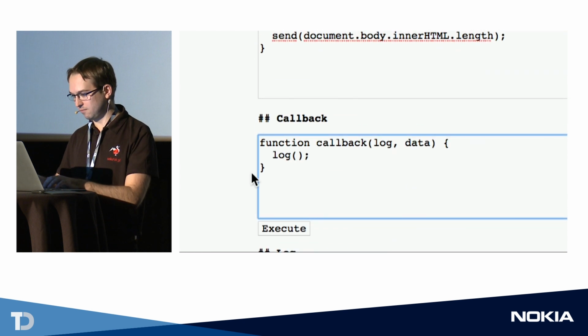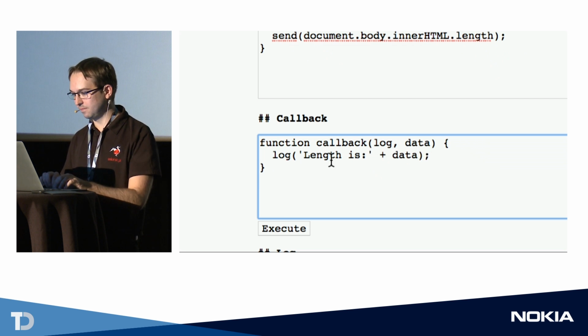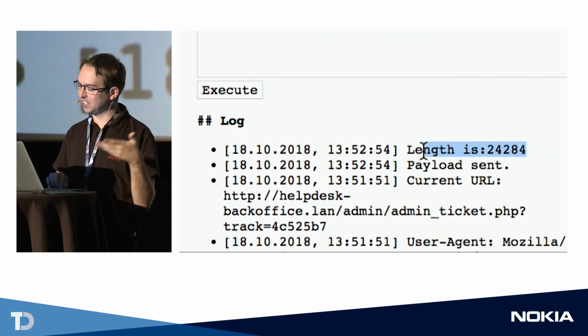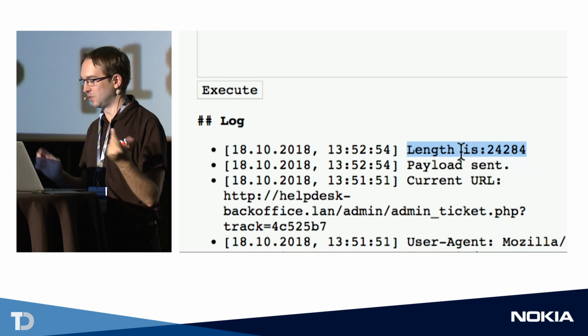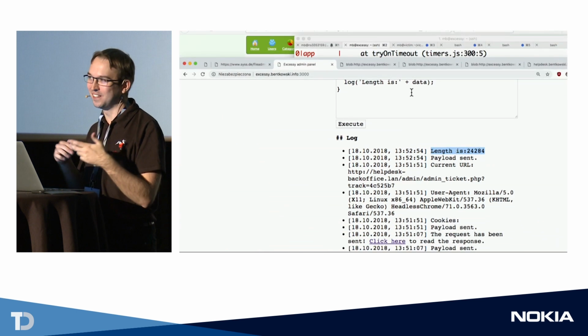So I just want to say length is, and for instance, the data that I got back. And when I execute that, the code got executed on the victim's browser, and I know what the length is. I can just do whatever I want. I could even do the alert one if I wanted for some reason.